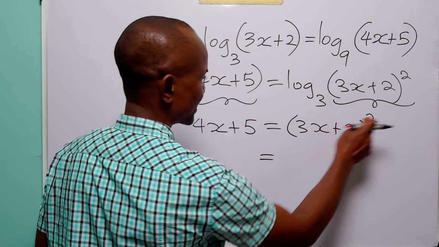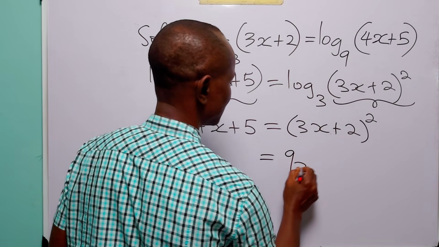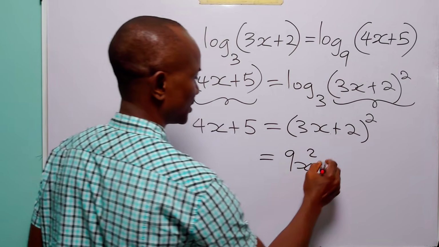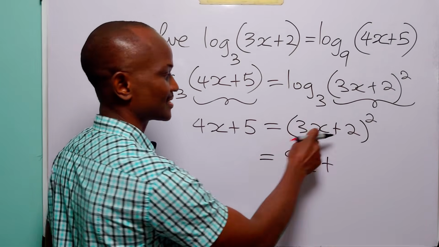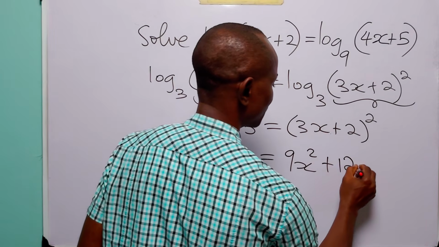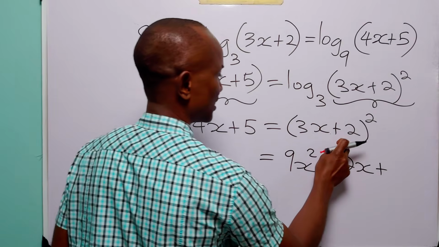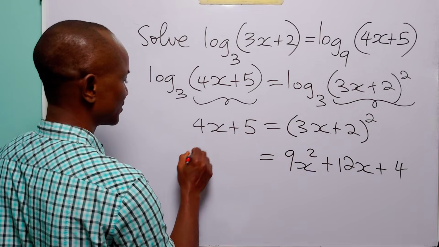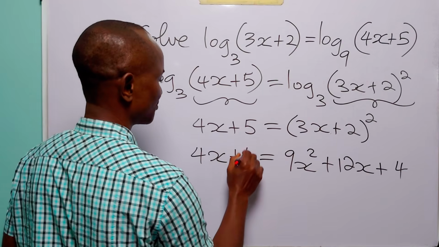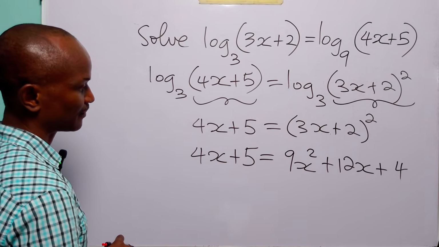We have 3x squared, which is 9x squared, plus 2 times 3x is 6x times 2, that is 12x, plus 2 squared is 4. And of course, this is still equal to 4x plus 5.